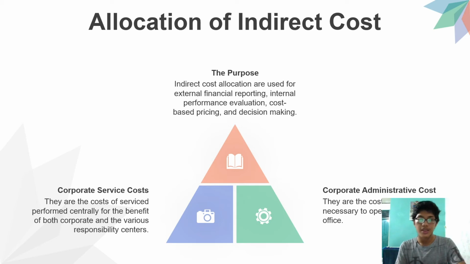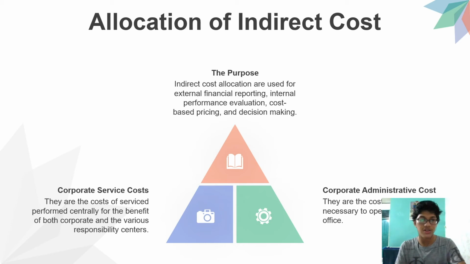As you can see, in a study sponsored by the National Association of Accountants, James Frickman and Xu S. Liao found that the responding firms distinguish clearly between two types of indirect costs.